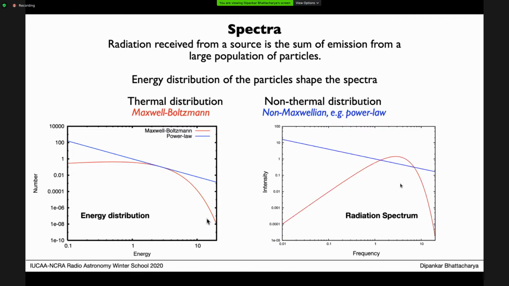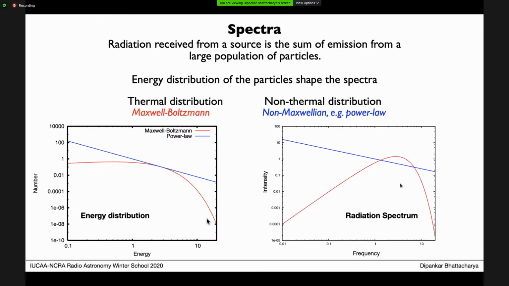Now, there are situations where the energy distribution of charged particles in a source differs from this Maxwell-Boltzmann distribution. Maxwell-Boltzmann distribution, as you would already know, is defined by a single parameter, which is the temperature of the system, temperature of the distribution.